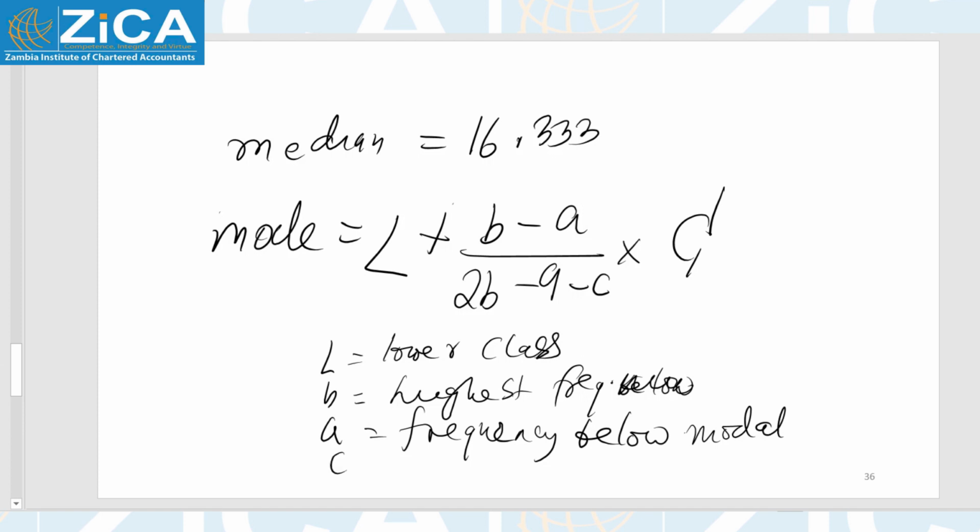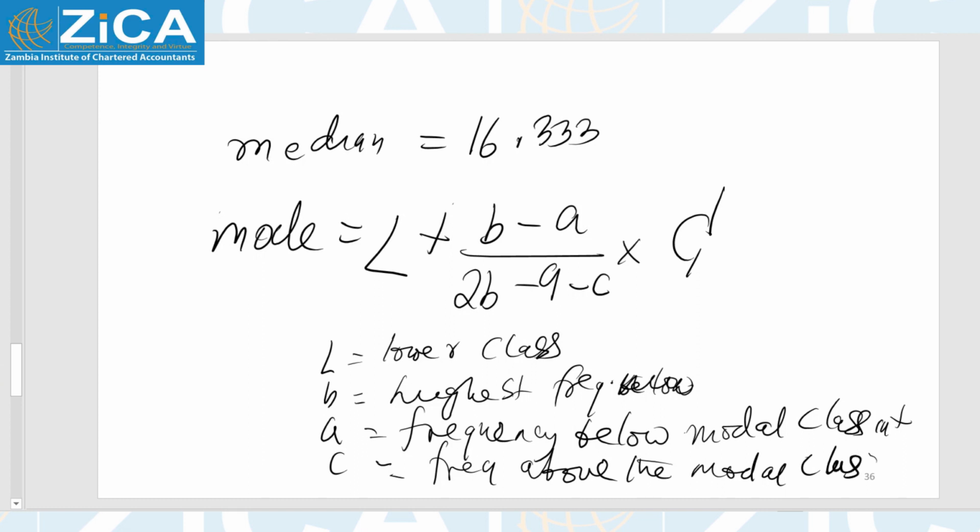Then the small c is the frequency above the modal class interval.